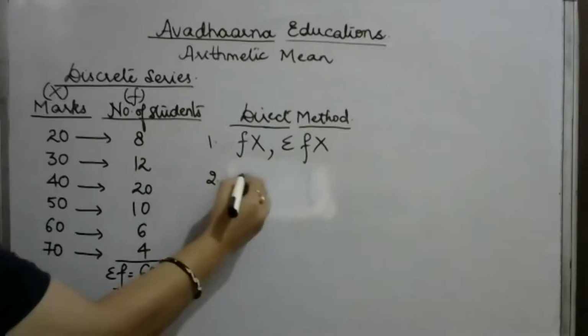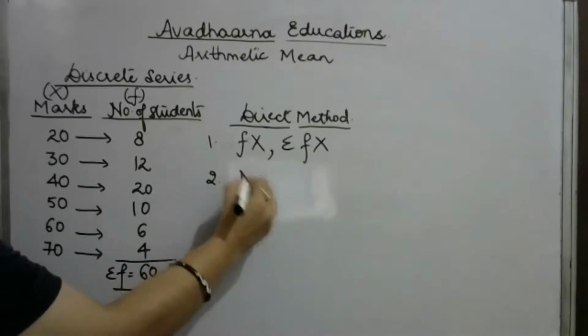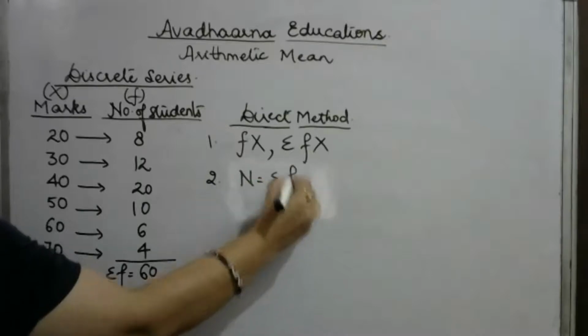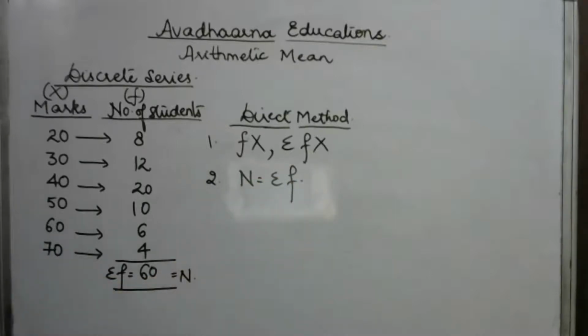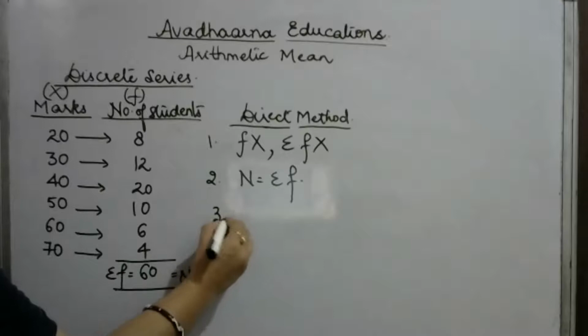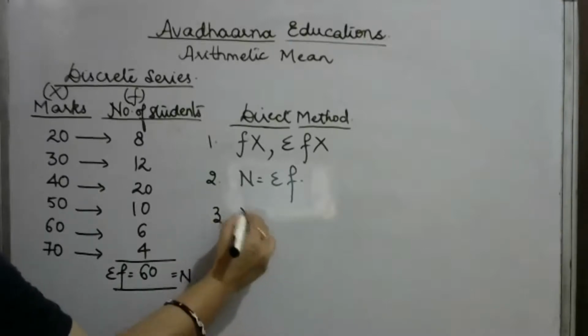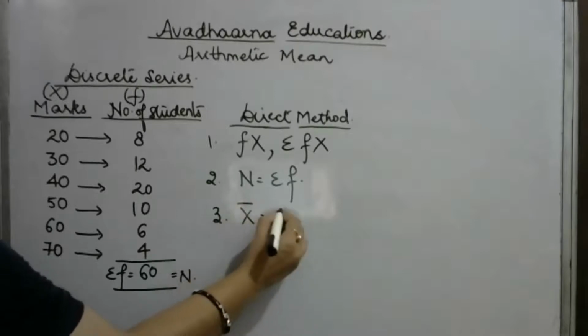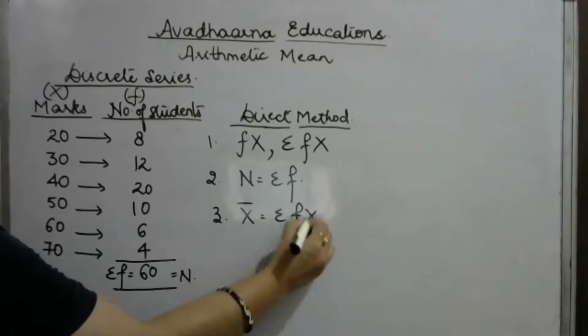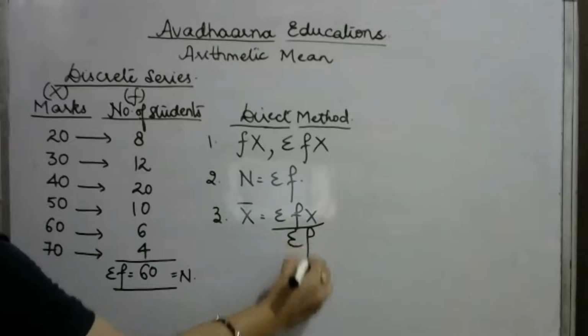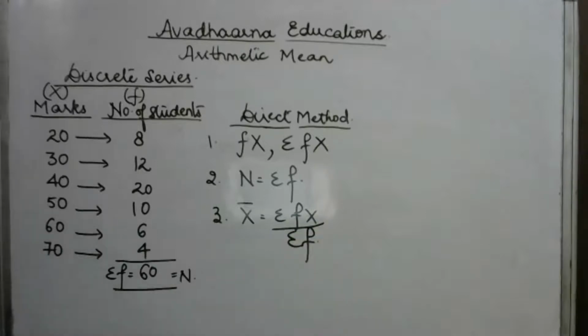Second step, we are going to calculate n, which is nothing but summation f. Fine. And then in the third step, we are now ready to calculate the arithmetic mean. Mean is given by summation fx over summation f.